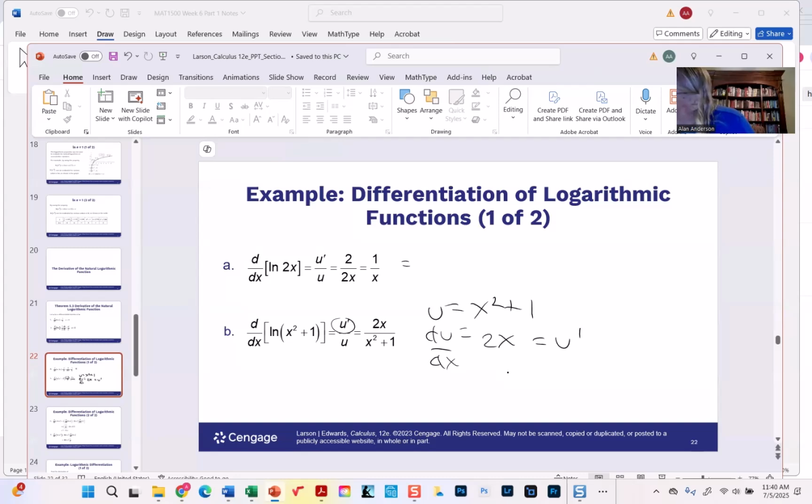So that means that when you differentiate this, not u, it's log u.